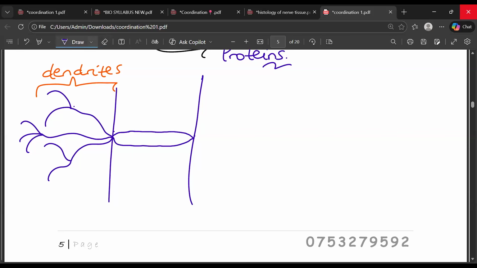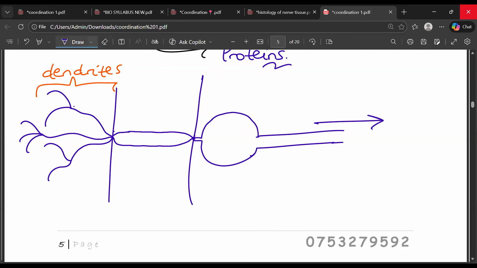So I'm saying they can form something. This something they are forming can enter the cell body. Are you following? It can enter the cell body, and then the cell body can also push.